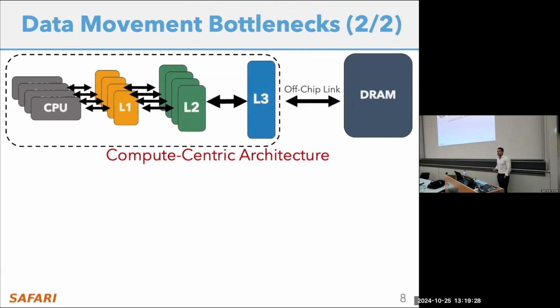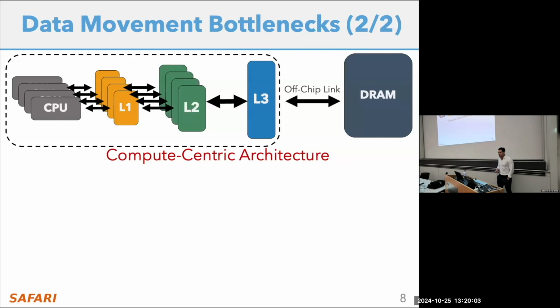We have been trying to mitigate these data movement bottlenecks in systems with many different solutions. We are still trying. Every single generation of your iPhone has a new and fancier hardware prefetcher that tries to predict, before you access the data, what data is needed, and brings it earlier to the CPU cores. We have deeper and deeper cache hierarchies with larger and larger caches over time. So the trend of designing compute-centric architectures that try to patch this data movement bottleneck is still there.